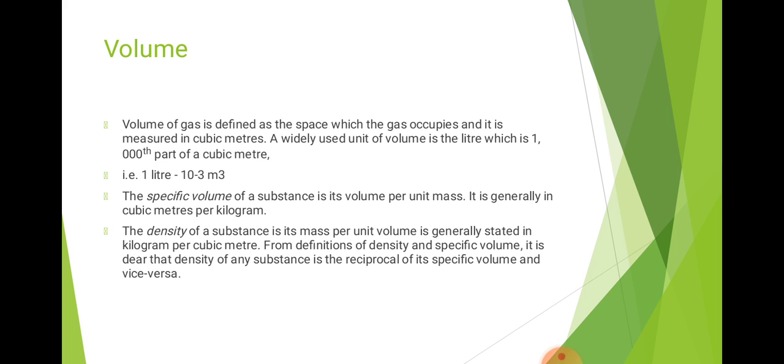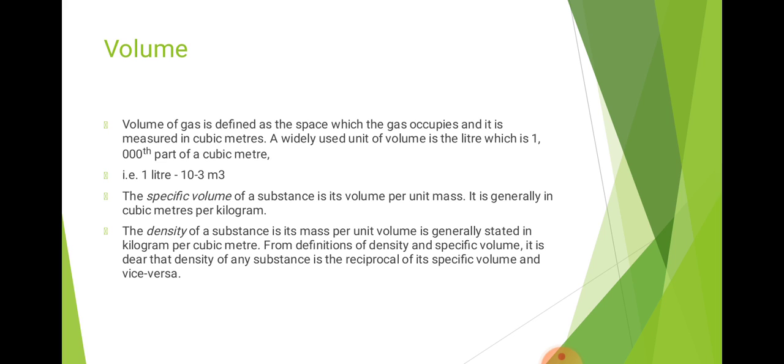So the mass of the air is 1 kg and the volume of that vessel is 0.7734 cubic meter. So the specific volume of air is 0.7734 meter cube per kg.